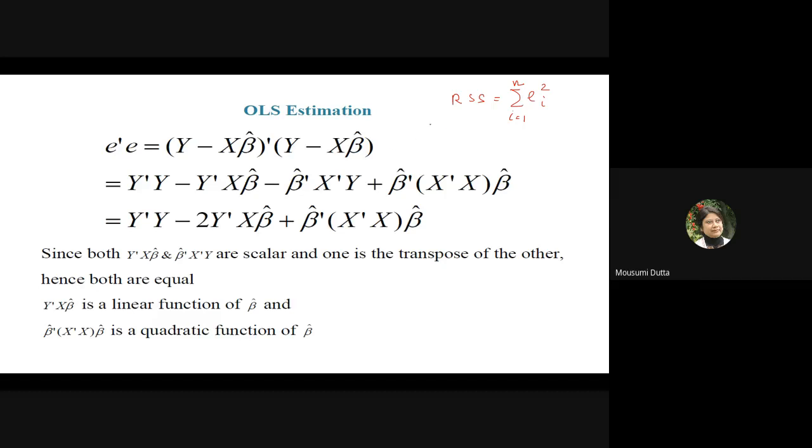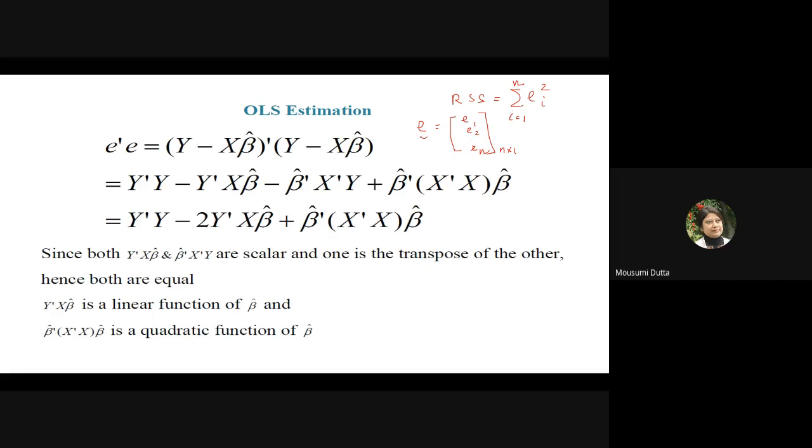Now, in context of matrix algebra, the e vector will look like the u vector, because it is similar to u_i. It is a proxy to u_i. The only difference between u_i, that is the random error, and the residual, that is e, is u is not observable.